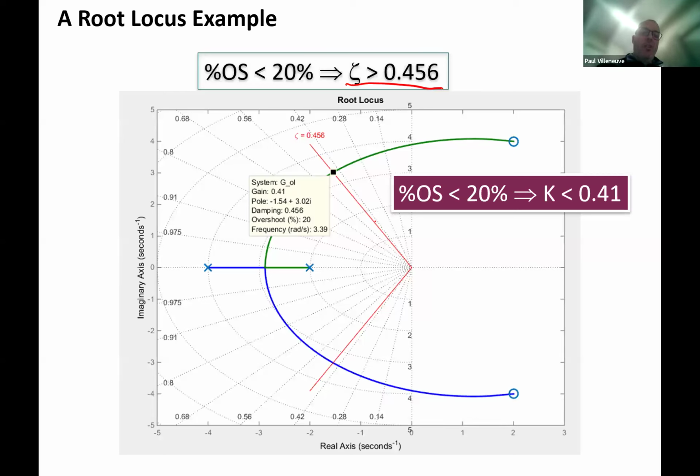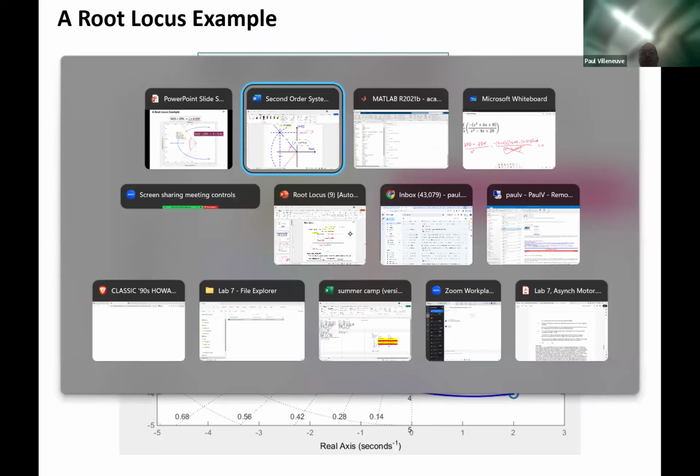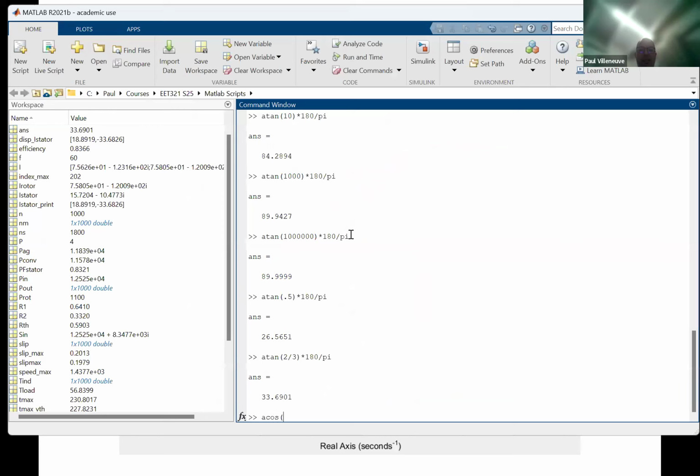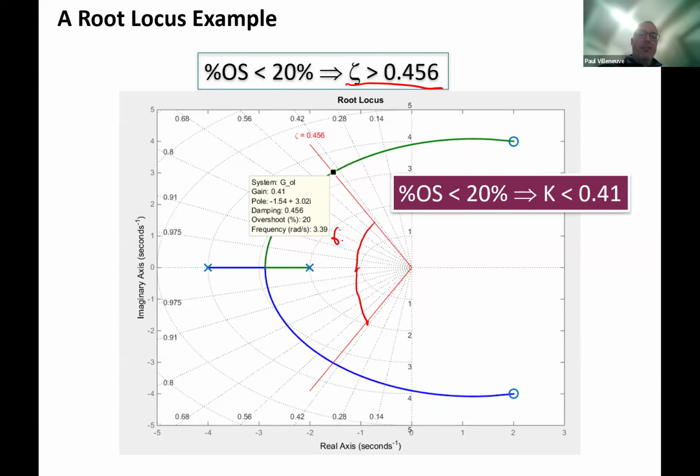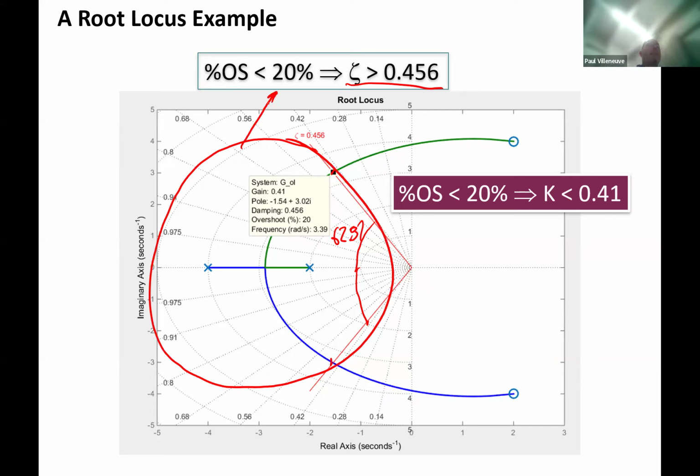You take the inverse cosine of 0.456, multiplied by 180 over pi, and we got 62.8 degrees, or 62.87. So we draw these angles, and everything inside this region meets that criteria.